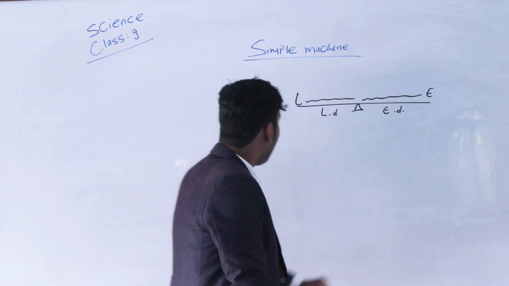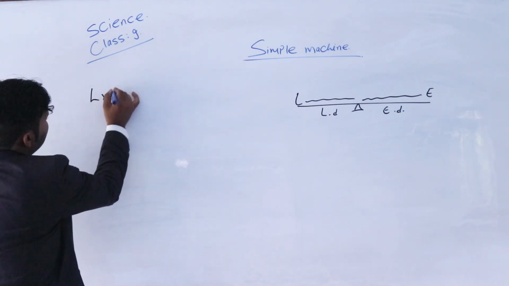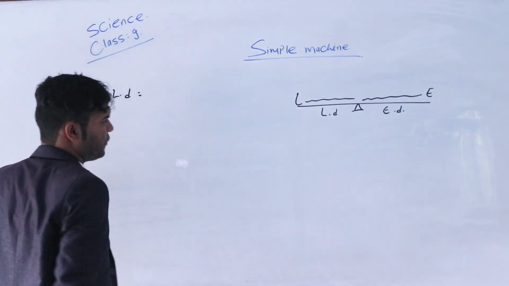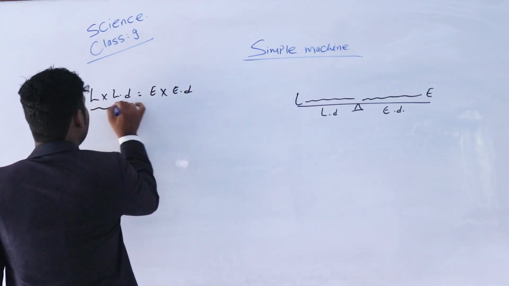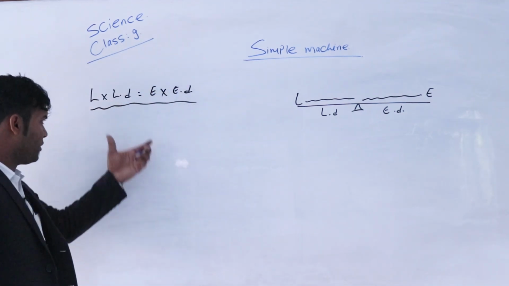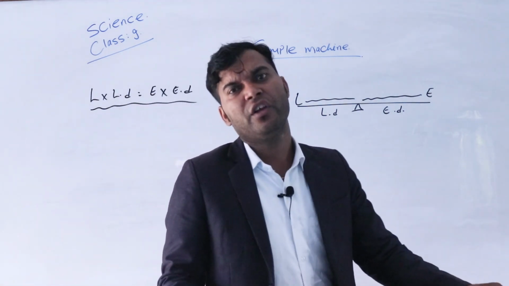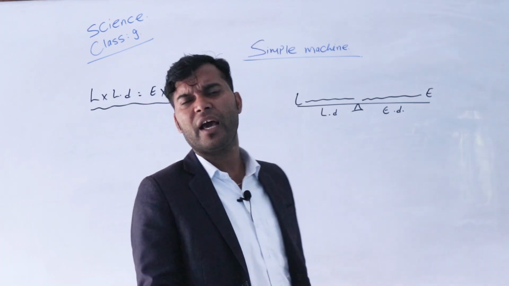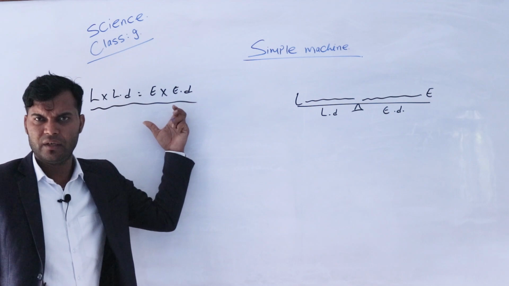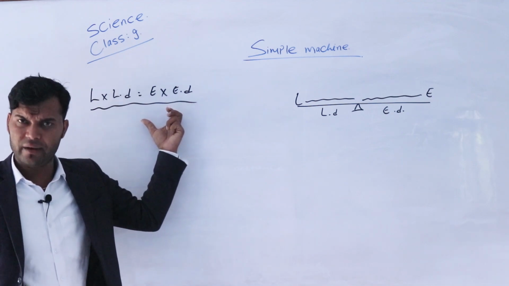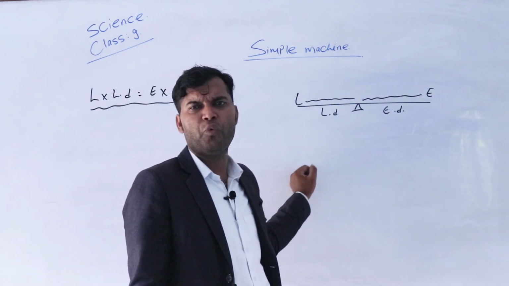Okay. The principle of lever tells that the product of load into load distance is always equal to effort into effort distance. These equations show that the input is always equal to the output. Like energy, it can neither be created nor be destroyed; it can change from one form to another.